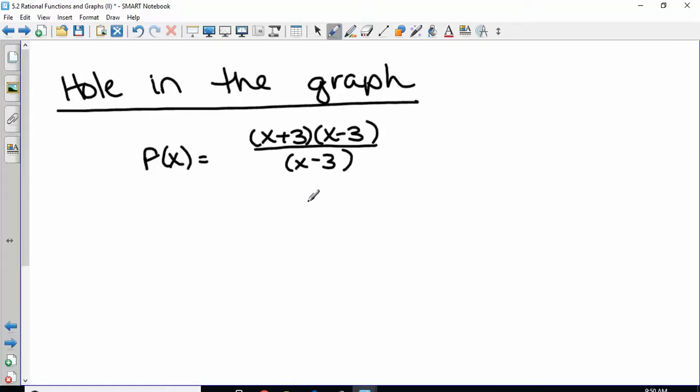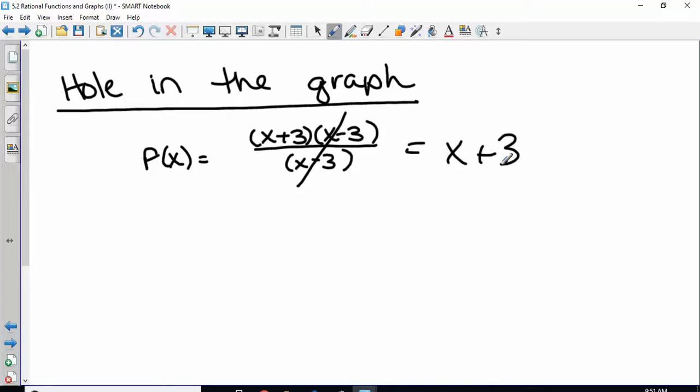Okay, we know that what can happen to those x minus 3's? Cancel out. They would cancel out, and all we're left with is x plus 3. But these things are actually not equivalent, because could you have put 3 into the original? No, because it would have given us a 0 on the bottom.